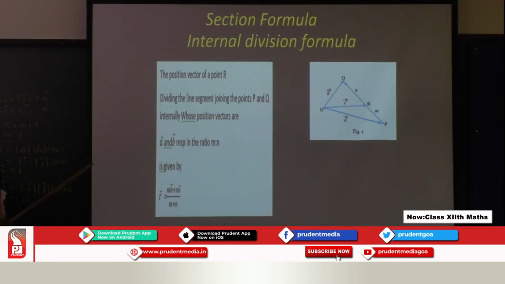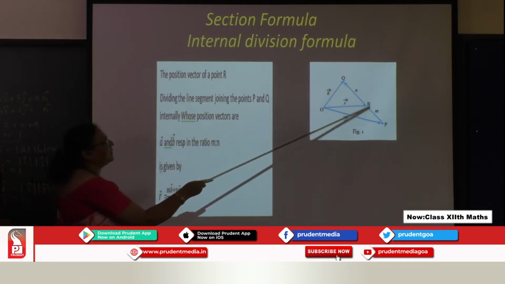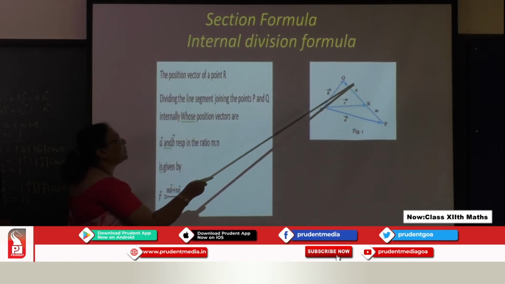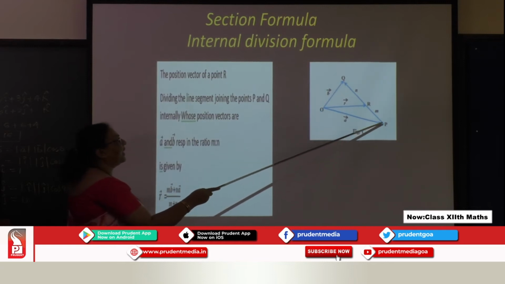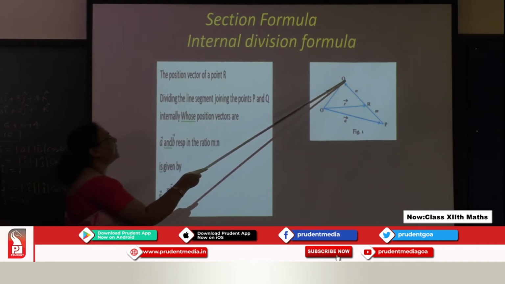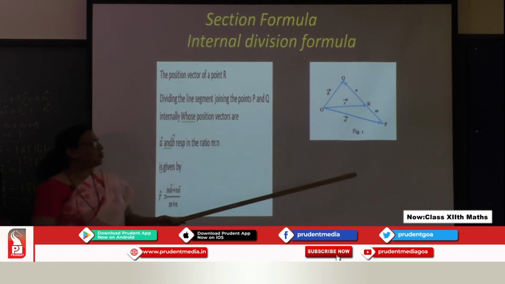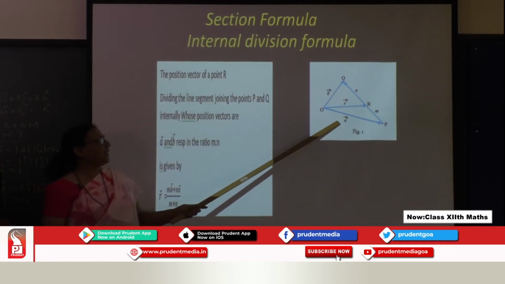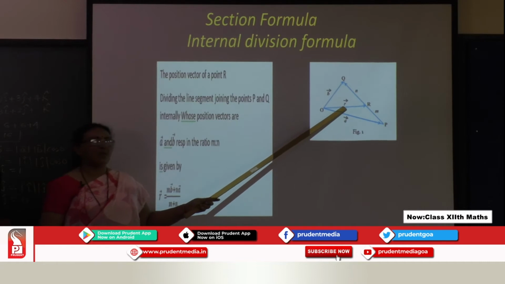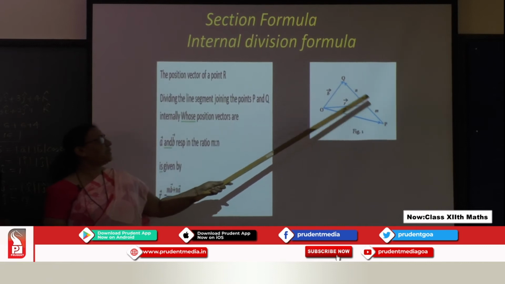Section formula. There are two formulas, the internal division formula and the external division formula. See here, this is a vector, and R divides this vector internally in the ratio m:n. O is the origin. The position vector of point P is A bar, the position vector of point Q is B bar, and the position vector of point R is small r bar, and R divides the vector in the ratio m:n.